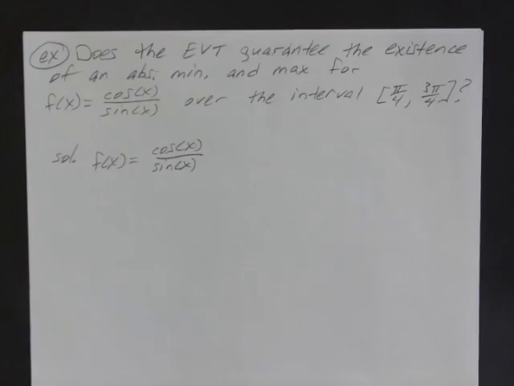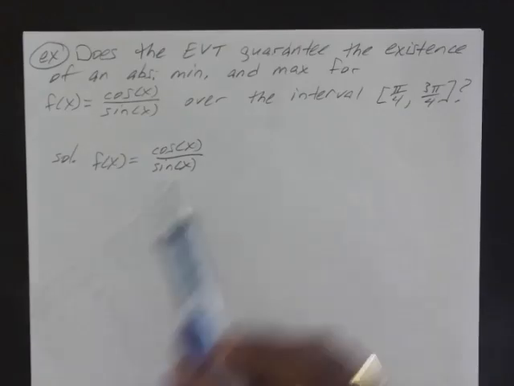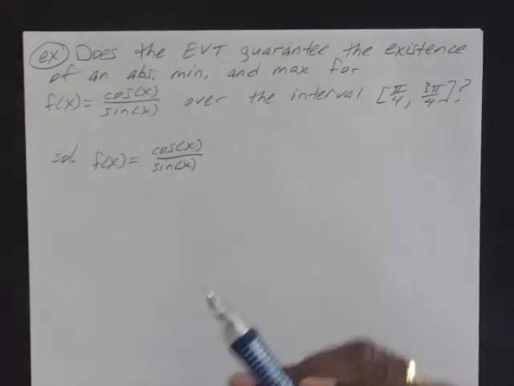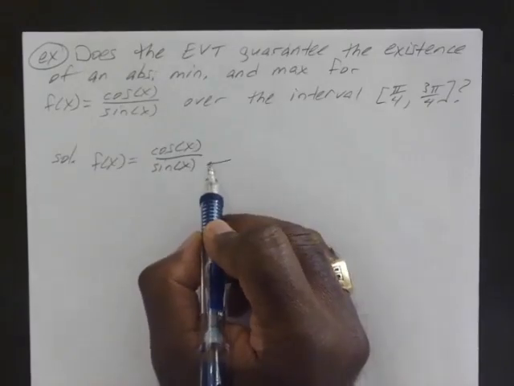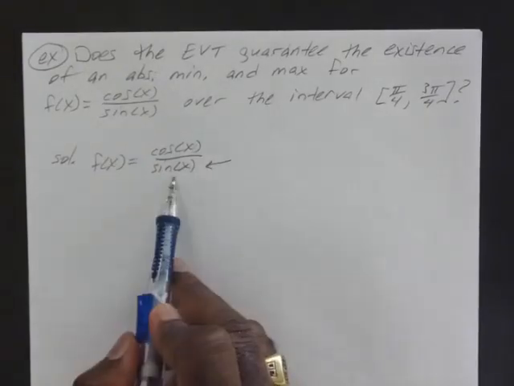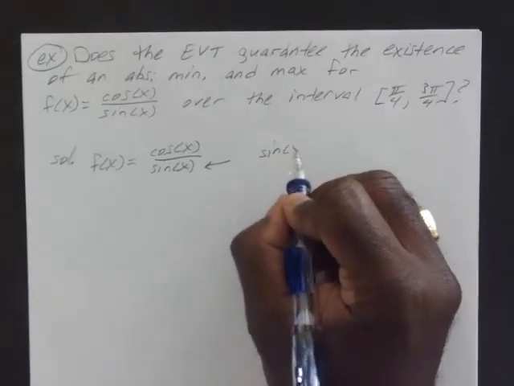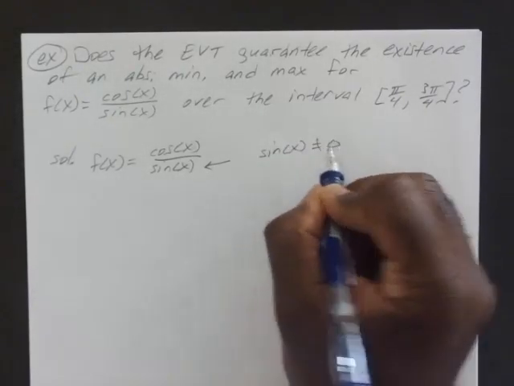So you can add them, you can subtract them, you can multiply them, you'll get a continuous function. But if you divide them, it's not really guaranteed. Okay, so we know in this case, well, in every case, the denominator can't equal 0, but in this case, that means that sine of x cannot equal 0.